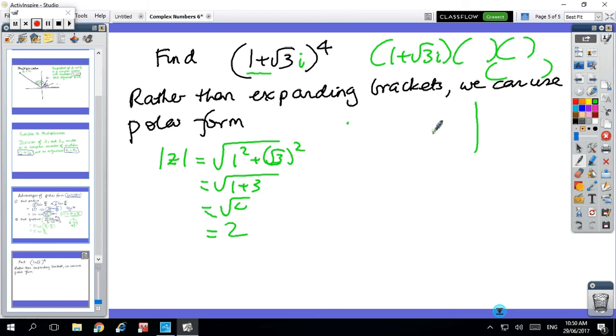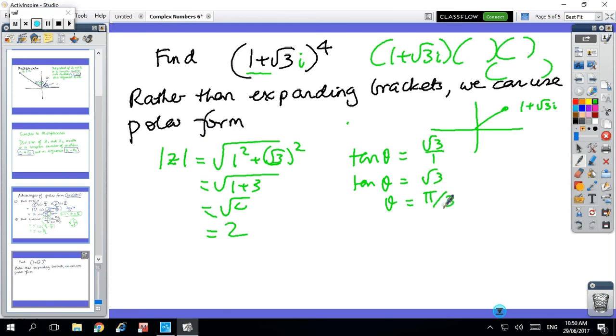Remember that 1 plus root 3i is going to be in the first quadrant. So we've got tan theta equals b on a, so root 3 on 1. So tan theta equals root 3, and that gives us pi on 3.